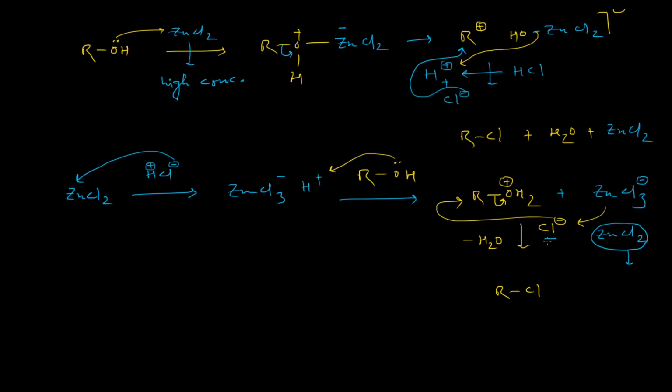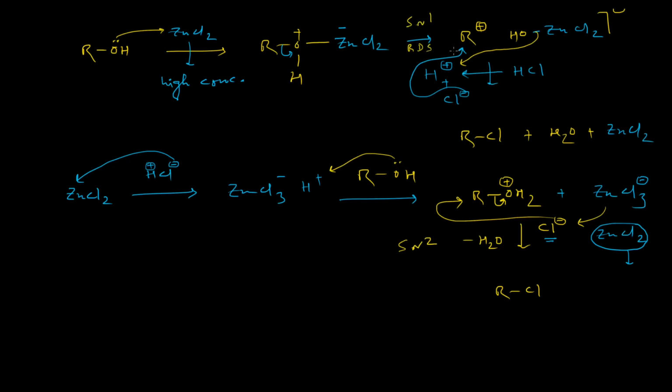And now the Cl minus, which is free, can act as a nucleophile and displace this OH2 plus group from this system and result in the formation of our desired alkyl chloride. So this is the SN2 pathway. Initially it was the SN1 pathway, where the carbocation formation is the rate determining step.